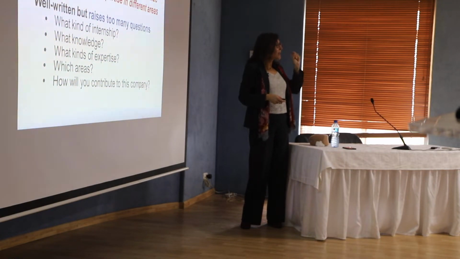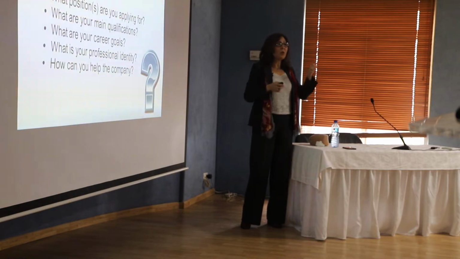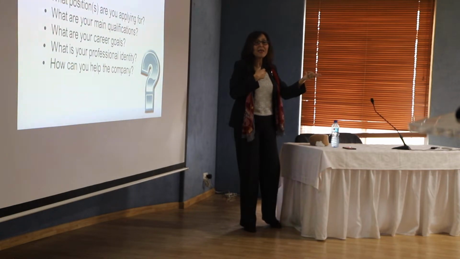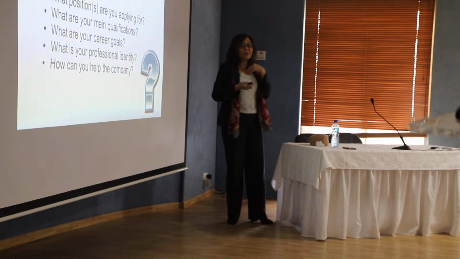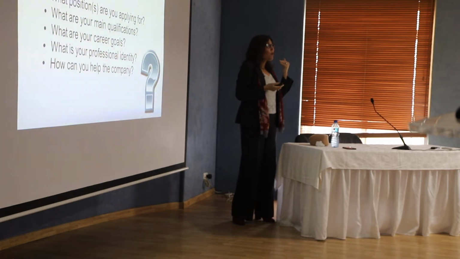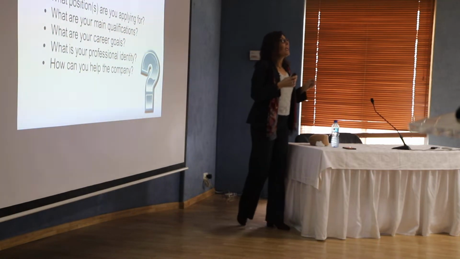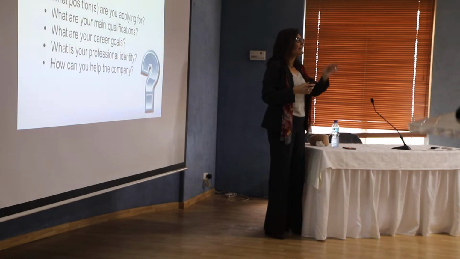So a good objective statement, next slide, should tell me what position I'm applying for, what are my main qualifications, what is the career goal, professional identity, and how I can contribute to the company. Again, to persuade your reader to do something, we have to highlight a benefit.